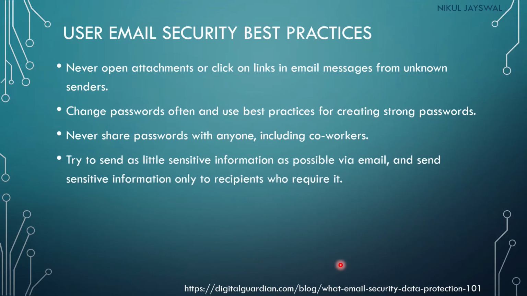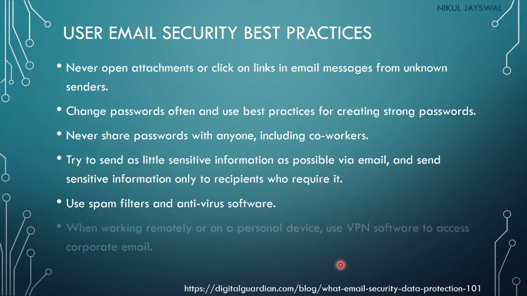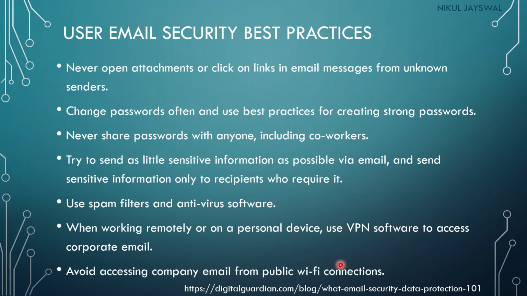Try to send as little sensitive information as possible via email, and send sensitive information only to recipients who require it. Use spam filters and antivirus software. When working remotely or on a personal device, use VPN software to access corporate emails, and avoid accessing company email from public Wi-Fi connections. So these are the best practices that can be followed to secure our email communications.